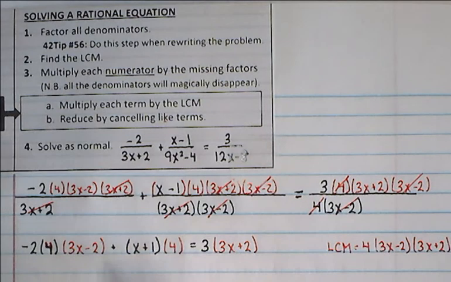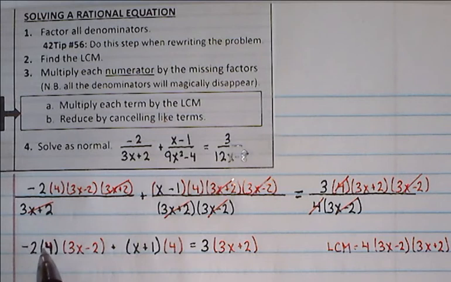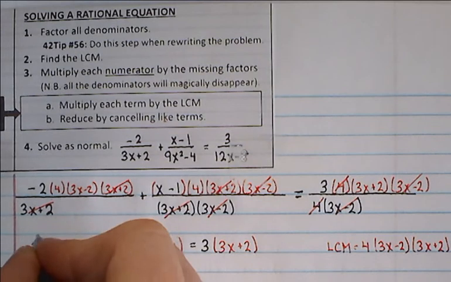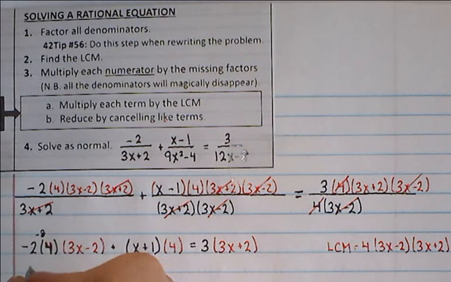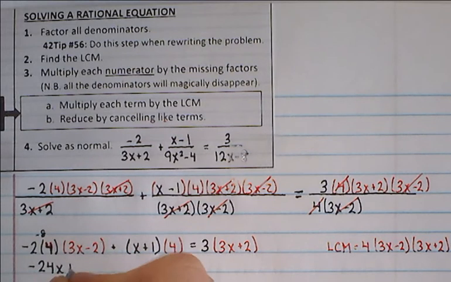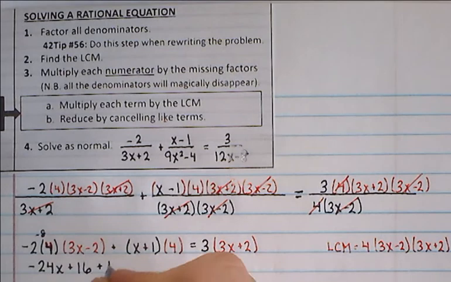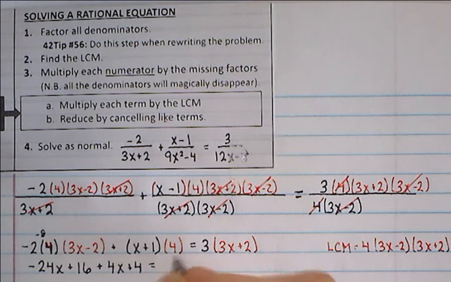And then I can solve as normal. So negative 2 times 4 is a negative 8. So I'm going to distribute my negative 8 and get negative 24x plus 16. Plus, I'm distributing my 4x plus 4. That's all going to be equal to 9x plus 6.